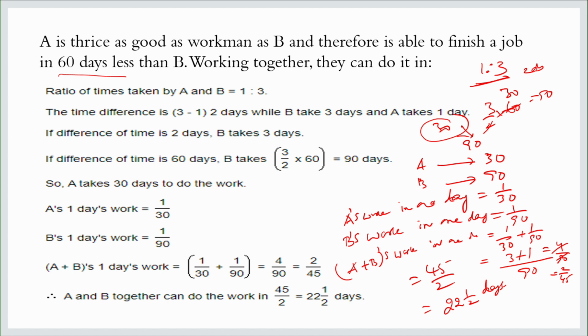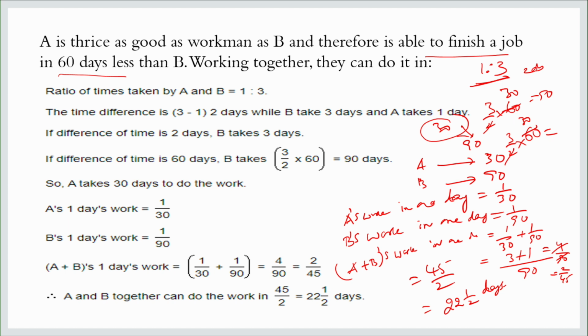It is given that A is able to finish the job in 60 days less than B. 60 days less than B means the difference is 60 days, so you can say 3 by 2 of 60, correct? This is very important: 3 by 2 of 60, 2 ones are 2, 30s, 3 threes are 90 days.